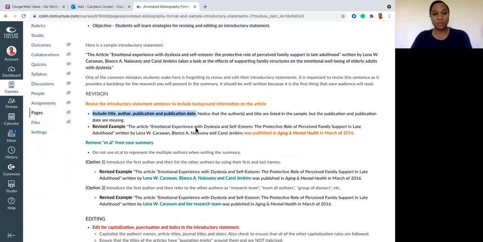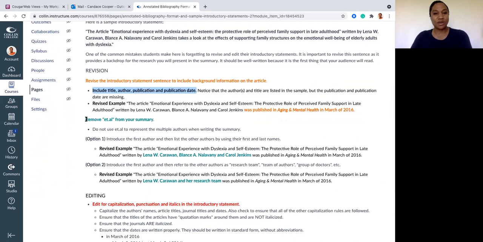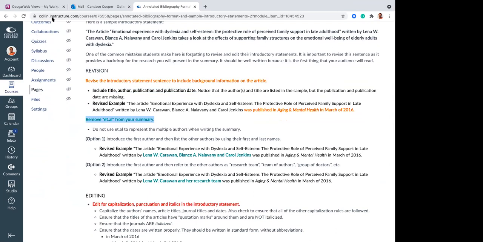Everyone should at this point have little things resolved, like removing the et al. from the author's name, if you will, and replacing that with something like a team of researchers or team of doctors, etc.